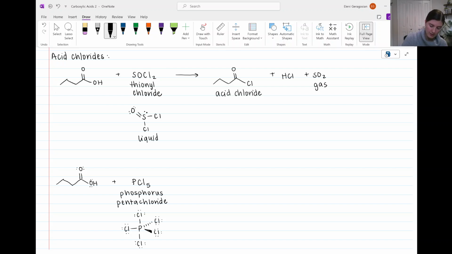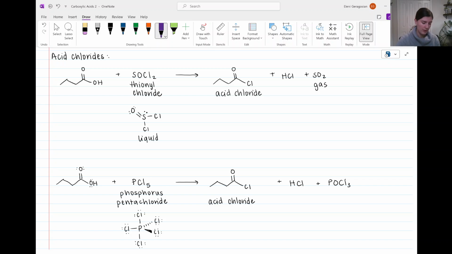This is another reagent that would produce an acid chloride if in the presence of a carboxylic acid. So same product here, another acid chloride. That's just the name of the functional group here, acid chloride. HCl is another byproduct, and then we have POCl3.